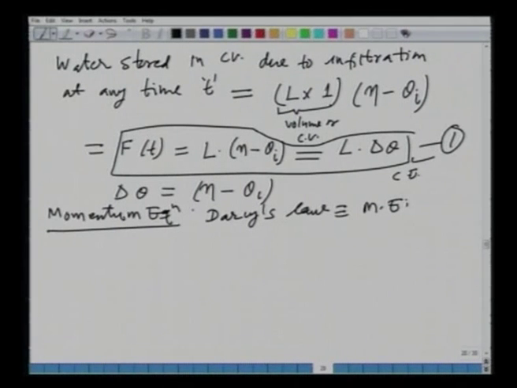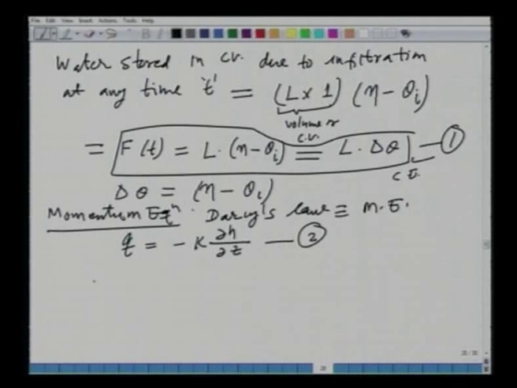So in this case you have Q is equal to minus K del H over del Z, that is your Darcy's law, where K is the hydraulic conductivity and del H del Z is negative here. So we have put a negative sign here.